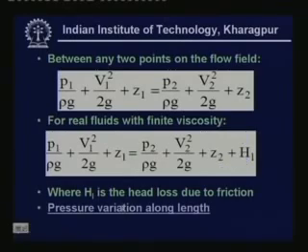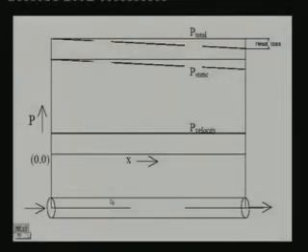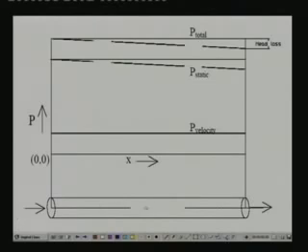pressure variation. Let us apply the Bernoulli equation to a pipe flow and let us see how the pressures are varying. What we have here is a uniform cross section pipe through which a fluid is flowing. And we would like to plot different pressures. Now, to start with, let us assume that the flow is inviscid. That means the fluid does not have any viscosity. Since the cross section area is same here, that means area at any point is same.